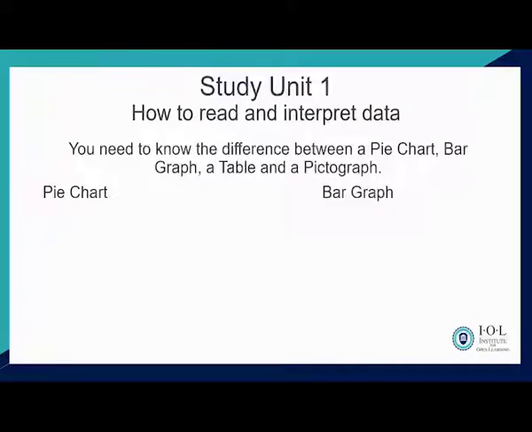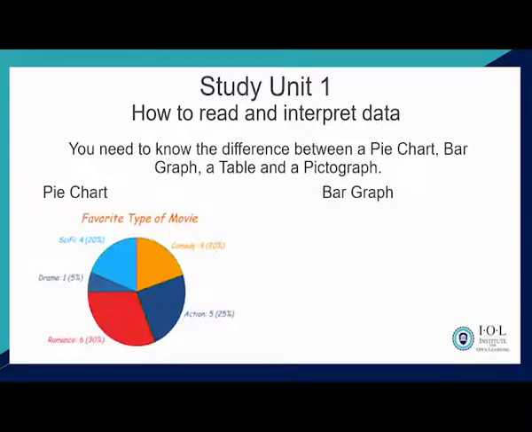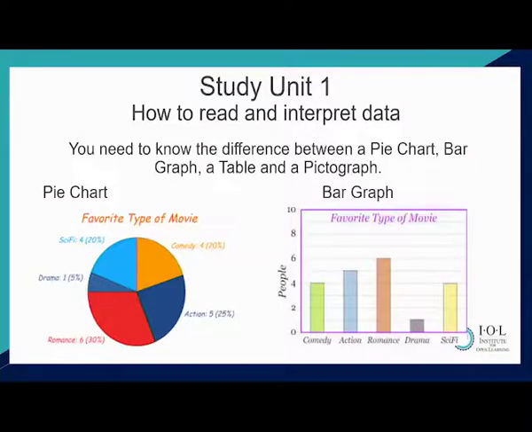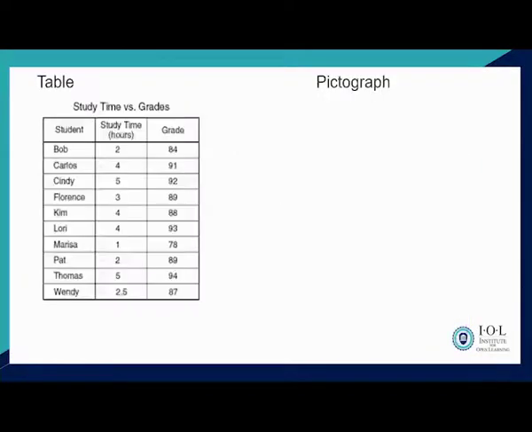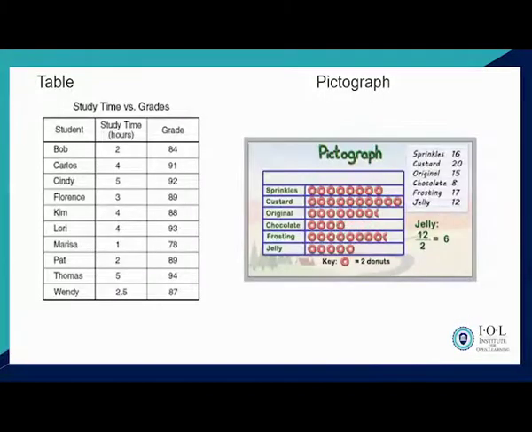Good. Study Unit 1. How to read and interpret data. You need to know the difference between a pie chart, a bar chart, a table, and a pictograph. There's an example of a pie chart, a bar graph, a table, and a pictograph.